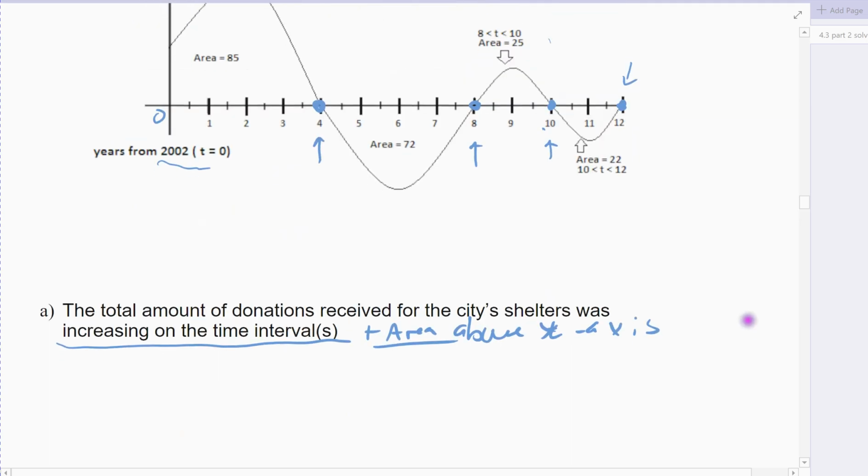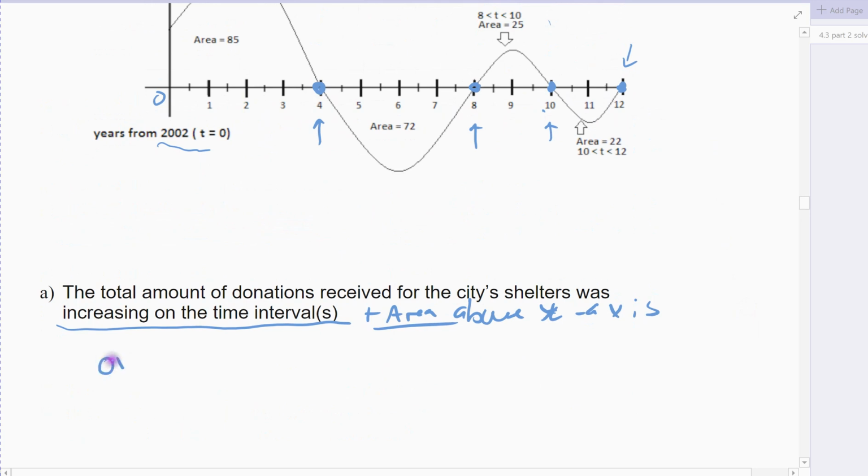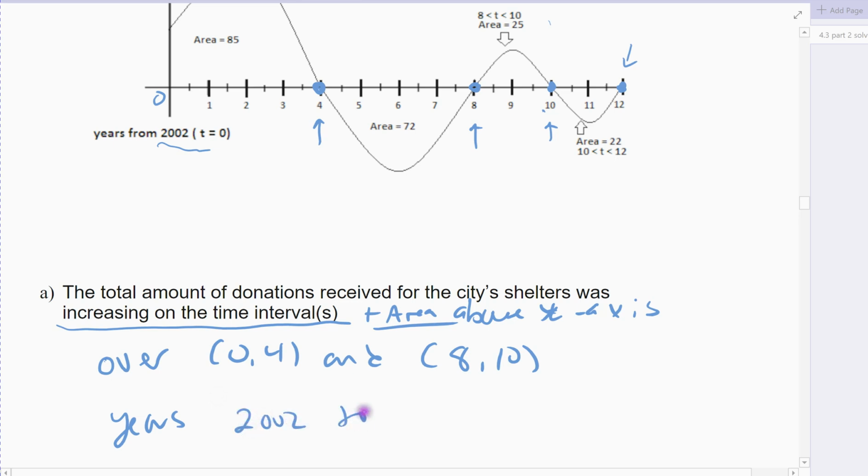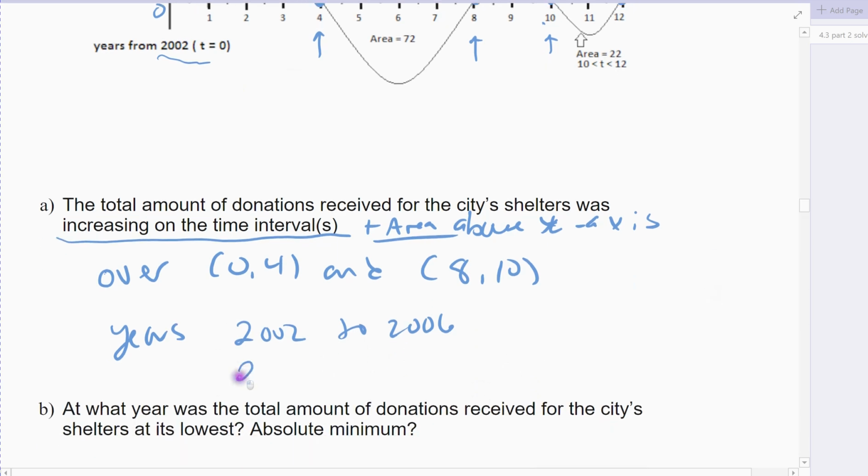Well, it was positive over the interval 0 to 4, and again, over the interval 8 to 10, which means from the years, we do it in years, it's from 2002 to 2006, and also again from 2010 to 2012. All right, those are the years at which the donations were increasing, right? They were getting more donations than the previous year.